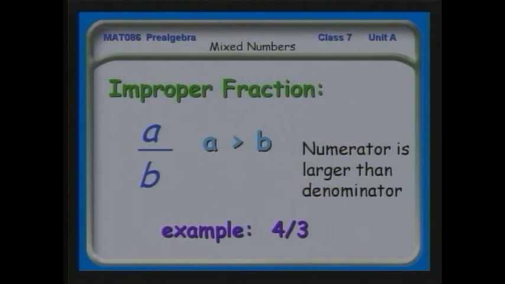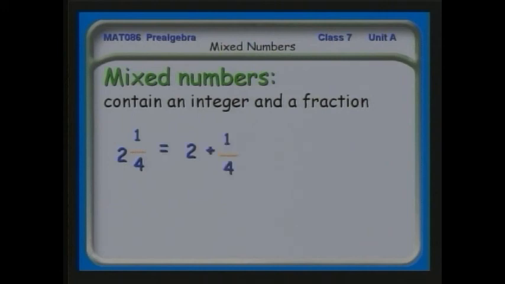When you have fractions like this, what you want to do is change them so you have a whole number and whatever fractional part is left. We talk about a mixed number, and a mixed number contains an integer and a fraction. 2 1/4 is a mixed number because you have the whole number 2 with 1/4 left over. And what that really means is 2 plus 1/4.